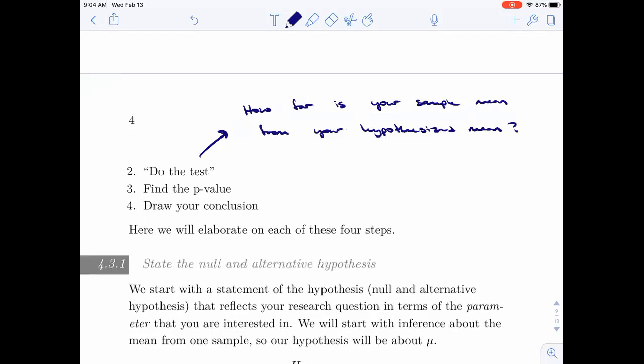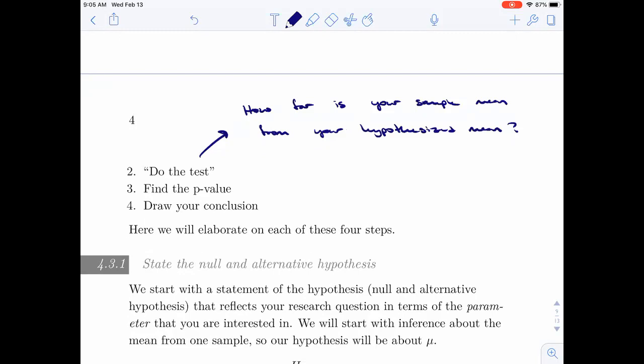So doing the test, all we've seen so far is a z-score. A z-score tells us how far x bar is from mu, taking into account the spread. If you have a glance at your formula sheet, in section 4.2 you've got your z-score that we just established.